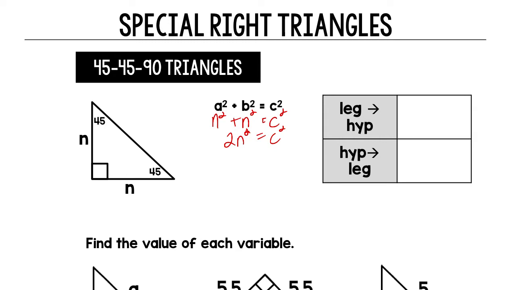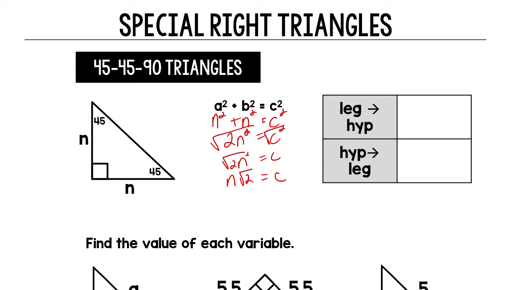If we want to get the c alone, we can take the square root of each side, and we have the square root of 2n squared is c. Well, the square root of n squared is just n. So c is n times the square root of 2.